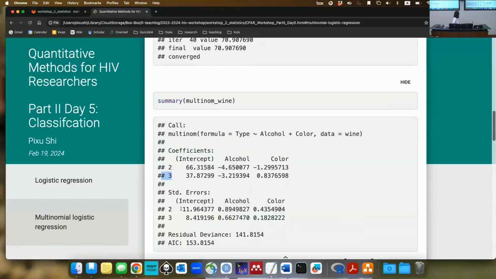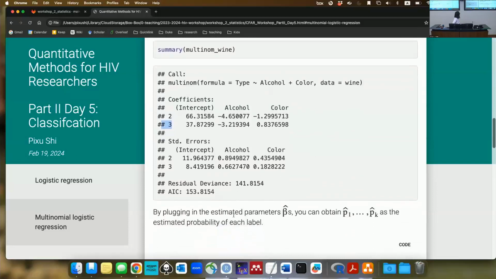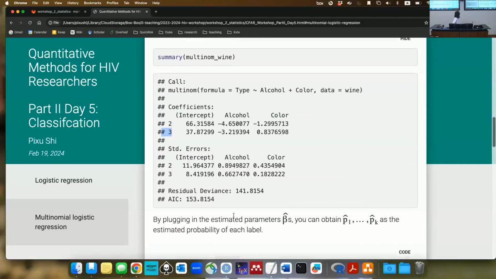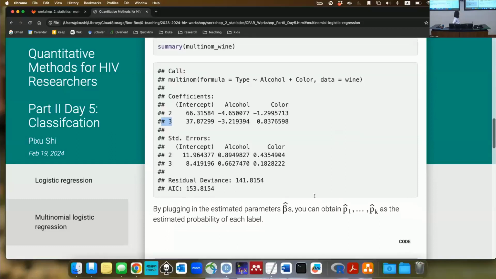And then you have the standard errors to help you do that simple Wald test. I don't believe I have the code for testing each coefficient. That's also feasible through the likelihood ratio test. And I think for classification, most of the people are more interested in getting the label right.